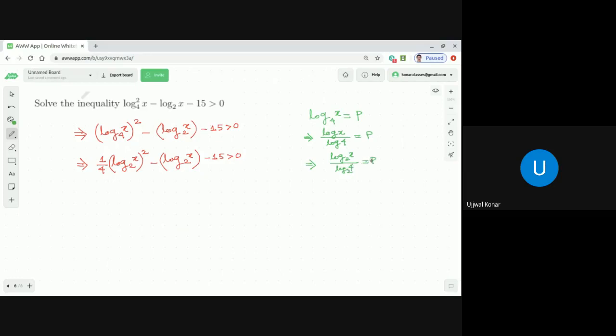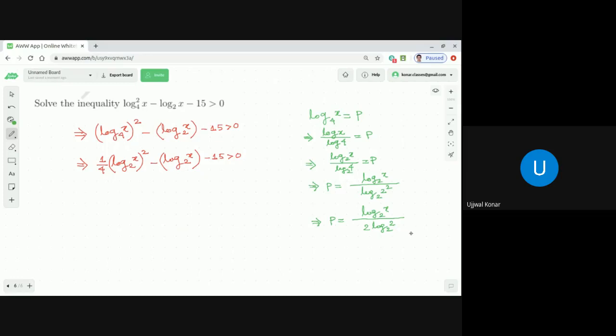Correct or not? So from here, p is equal to, in the numerator, log of x base 2, and in the denominator log of 4 base 2, but 4 means 2 square. Now if you use the power formula of logarithmic properties, the numerator is as it is, log of x base 2, and here you get 2 log 2 base 2.